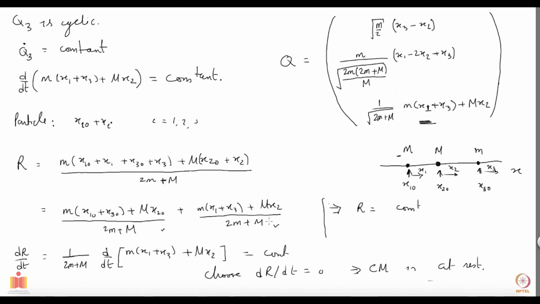So all I'm saying is that these displacements x1, x2 and x3 have to obey a constraint that the center of mass remains fixed, which is equivalent to saying that I have the constraint m(x1 plus x3) plus M x2 equal to 0. So that's what I get.